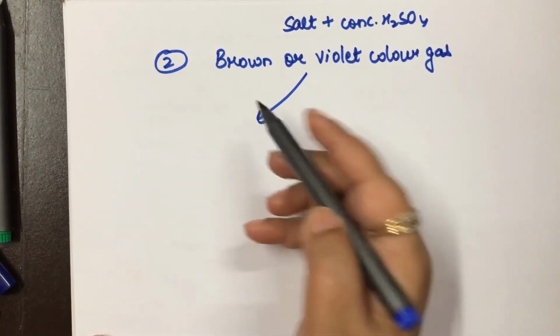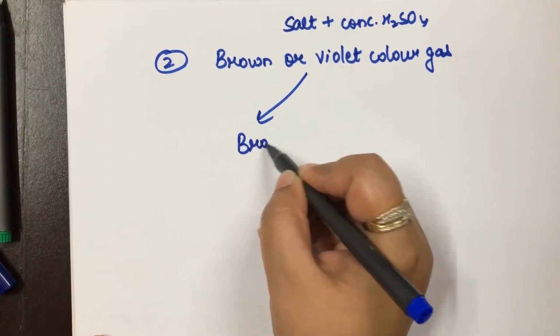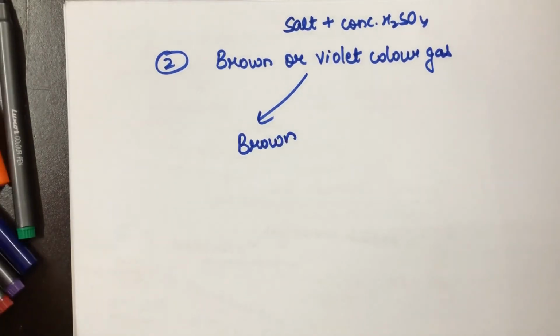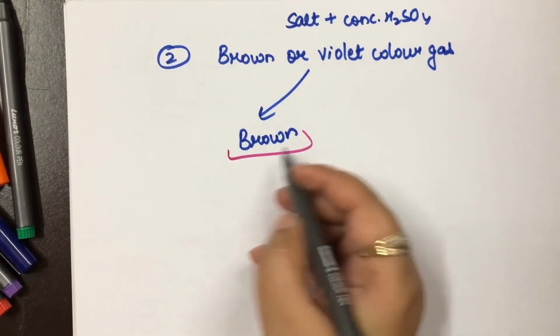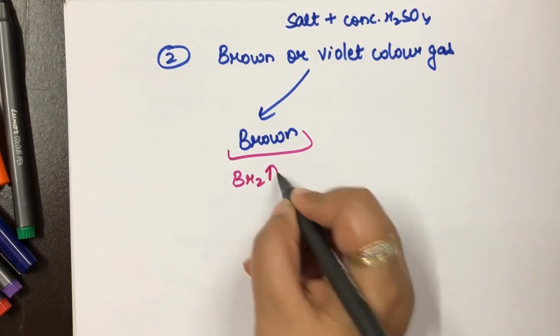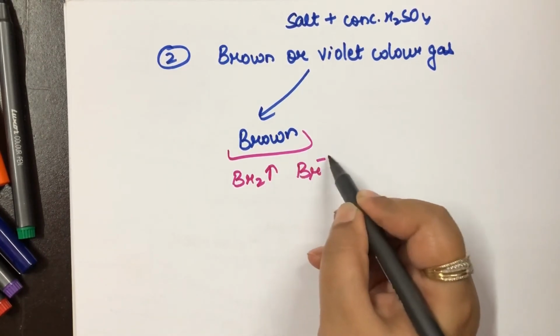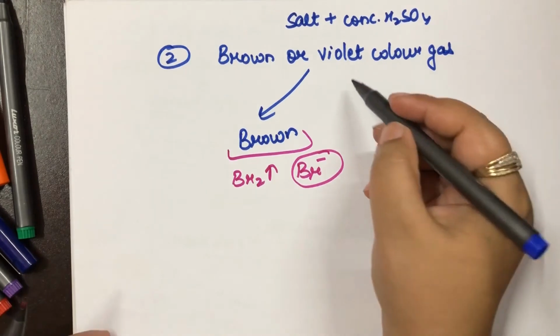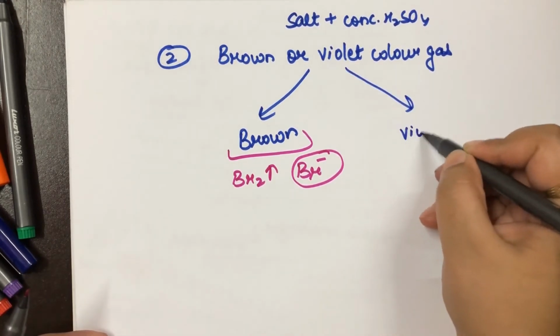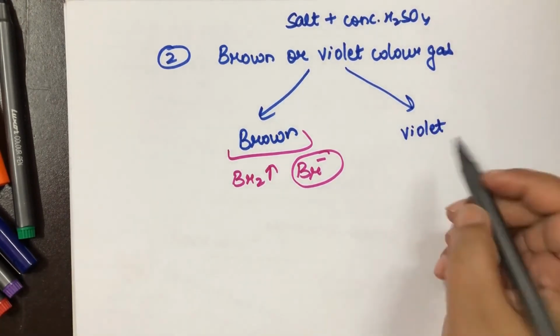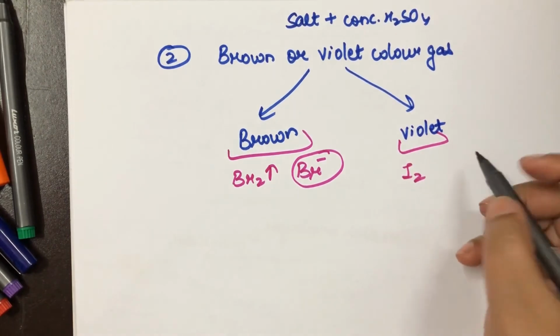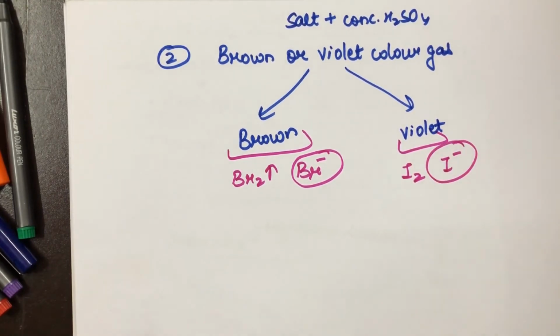So if it is brown, then you can say that it was due to bromine gas being involved, and your anion can be bromide. And if it is violet, it gives you an indication of iodine gas being liberated, and your anion will be iodide.